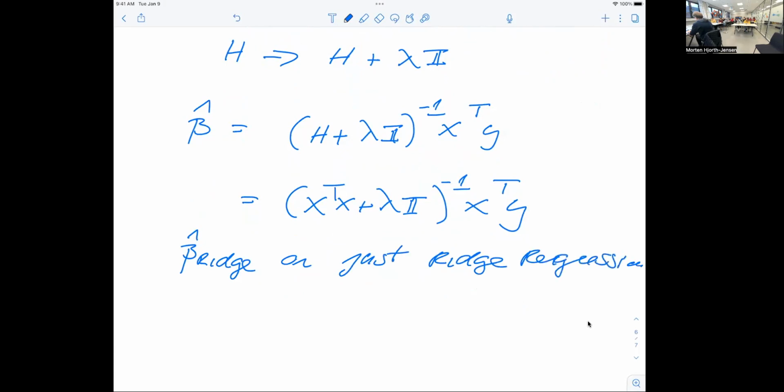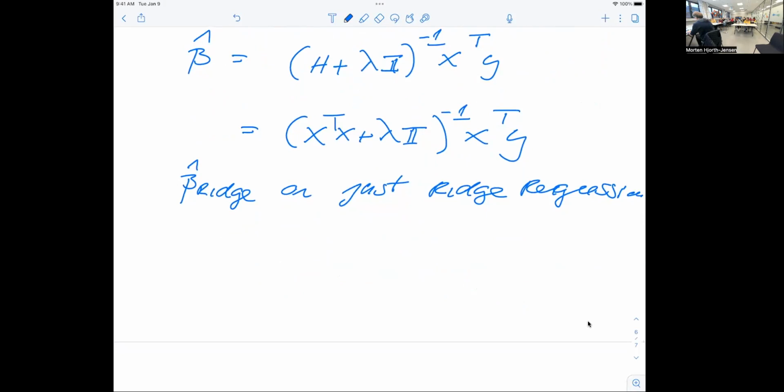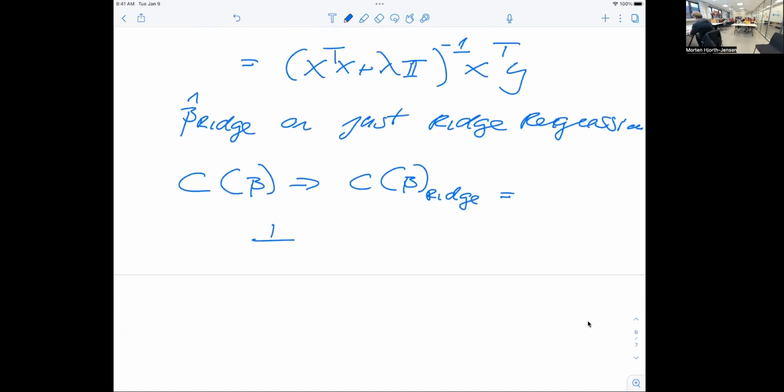So let me set up the cost function. We can derive this equation if I now define a new cost function, C of beta for ridge. That's equal to the standard mean value or expectation value of the mean square error as we defined earlier, y_i minus y_i tilde squared.